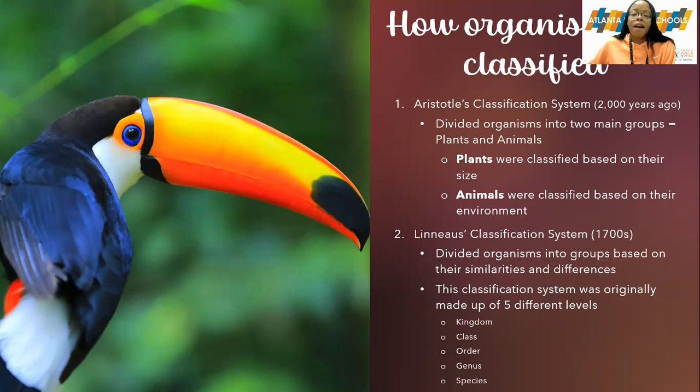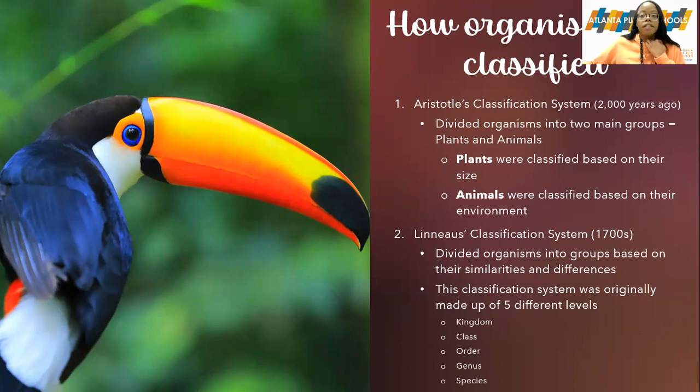After Aristotle, we had a scientist whose last name was Linnaeus. This was around the early 1700s. Linnaeus took Aristotle's work and added his own modification to it the way he saw fit.